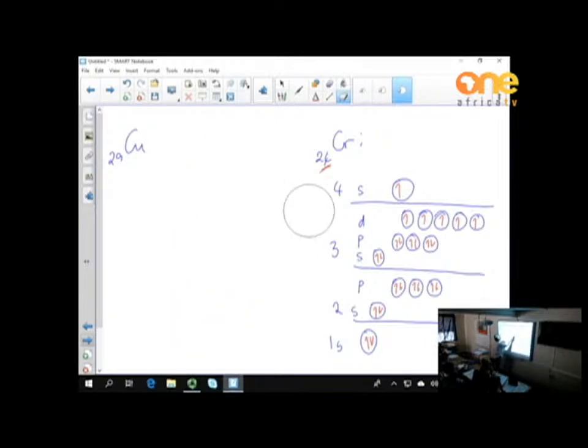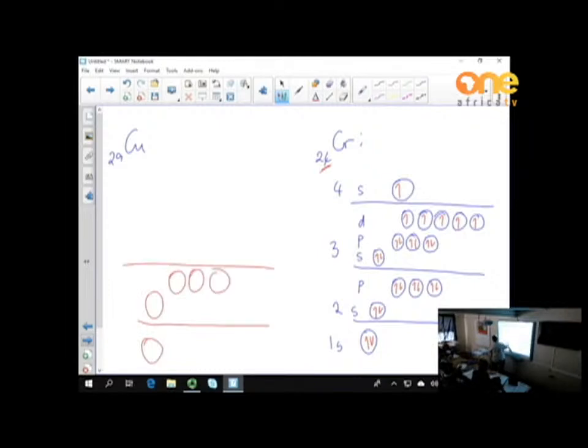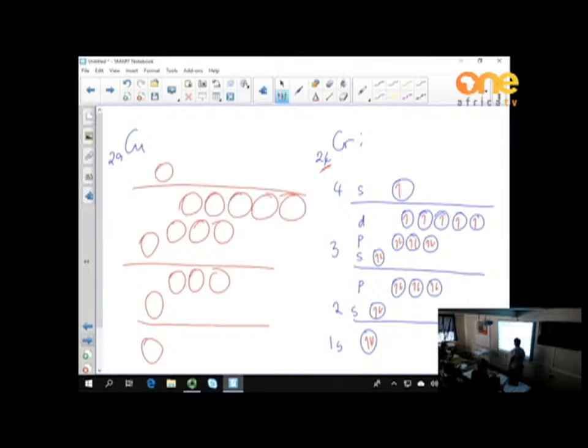And copper is going to go as follows. We also have 1s, 2s, 2p, 3s, 3p, 4s, 3d. Okay, now copper has got 29 electrons.